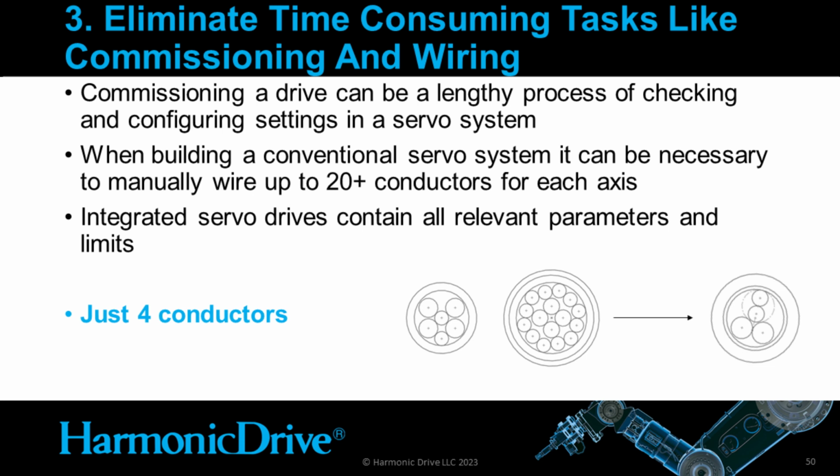When building a conventional servo system, it can be necessary to manually wire up to 20+ conductors for each axis, as you can see in the bottom left side. And by using integrated servo drives, you can limit all of that wiring down to just 4 conductors.